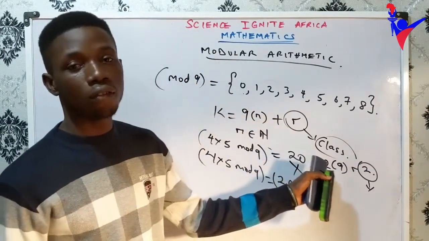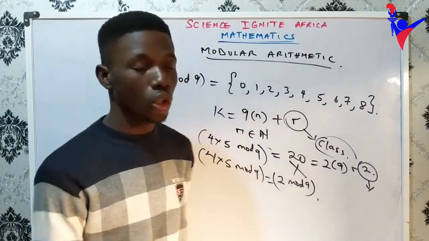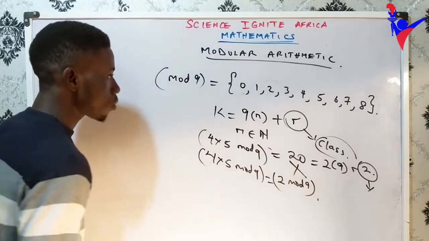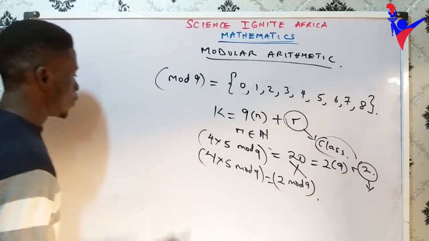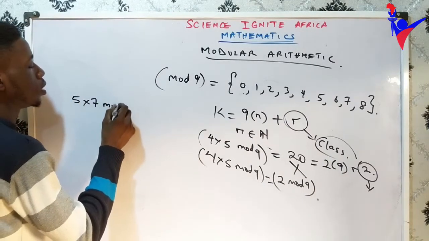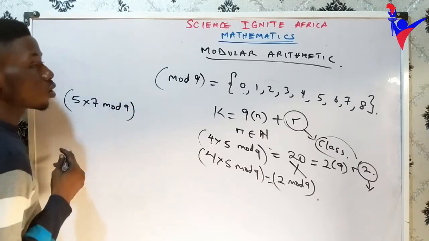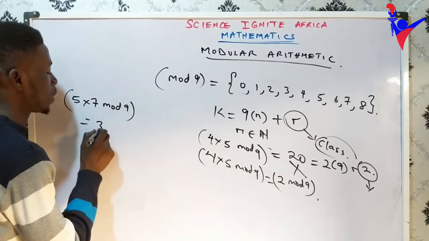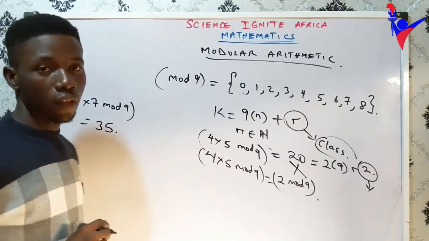And mind, it's not because I have 2 and 0 that I have 2 here. No, let's see another number. Let's say we have 5 times 7 this time around, in the same mode 9. So 5 times 7 in mode 9: 5 times 7 is 35.